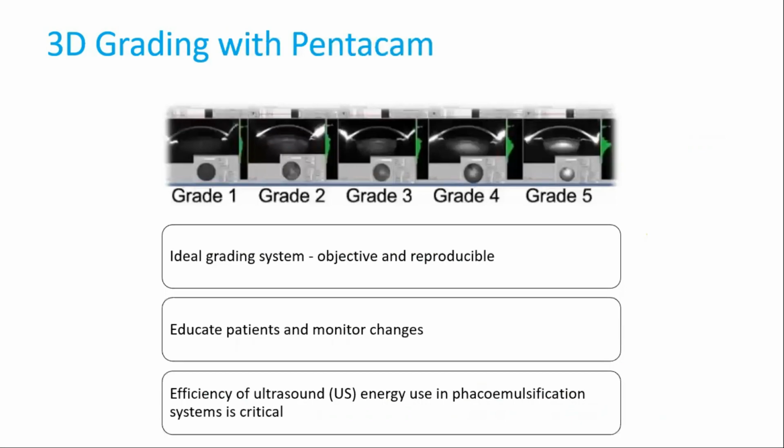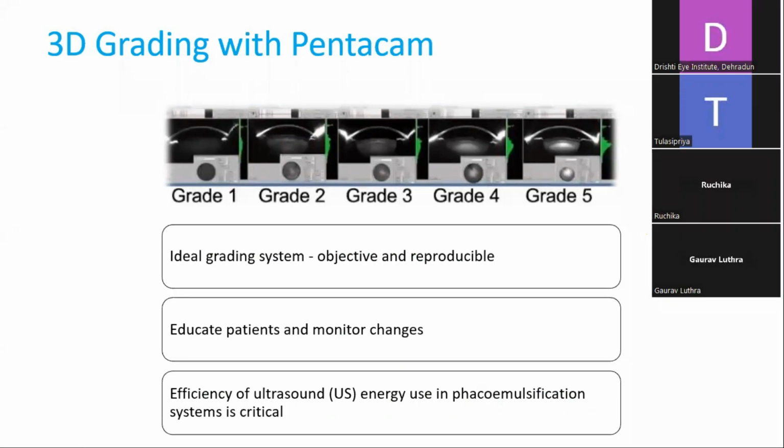So here, that's how this report helps a surgeon to plan phaco accordingly and use ultrasonic energy in an optimized way, and also helps to educate patients about the intensity, grade of cataract and its progression.